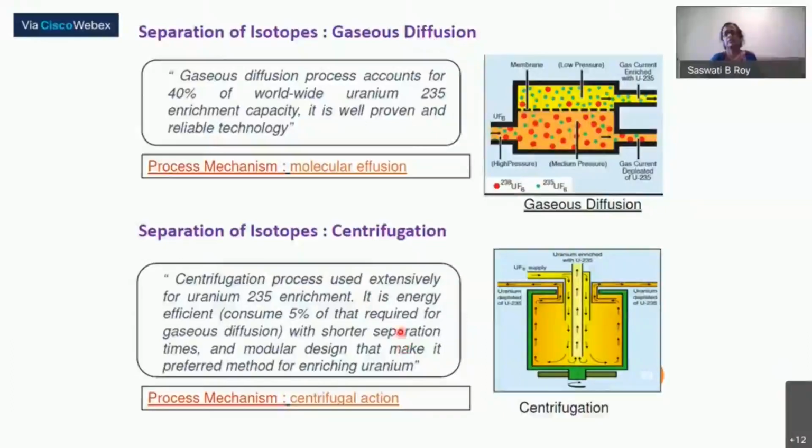So here you can see, inside this separation unit, which is a column sort of thing, we are putting UF6 centrally, and this whole cylinder is rotated at a very high speed.